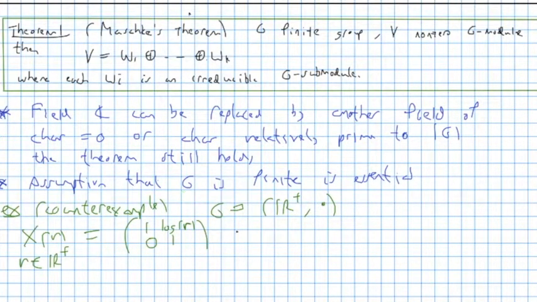You can check that this is a degree 2 representation. And if Maschke's theorem applied, that means that I could find a basis that writes this matrix representation as a block matrix of just diagonal blocks.